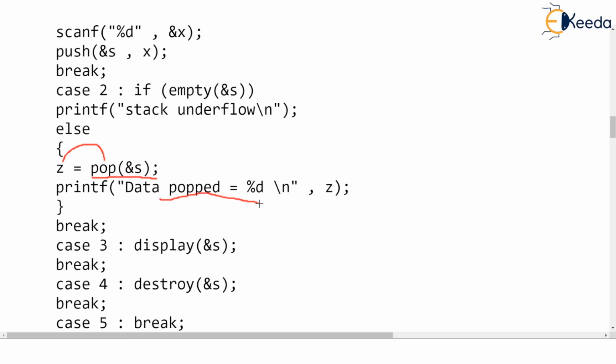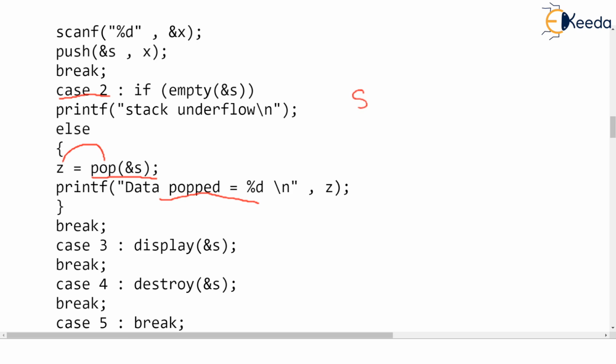But some more things are there in this case too. Case 2 is for delete or pop. If we try to pop a value, then it is important first of all to check, is there anything to pop or is the stack empty? Now it can really happen that we have called for pop operation and the stack looks like this.